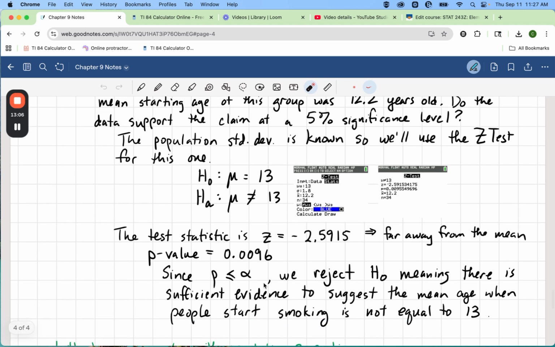Hey, in this case, everyone, the p-value is less than the significance level of 0.05, right? 0.0096 is less than 0.05. Okay, so therefore we reject H0, meaning there is sufficient evidence to suggest the mean age when people start smoking is not equal to 13. Okay, not bad, right? That's not bad.